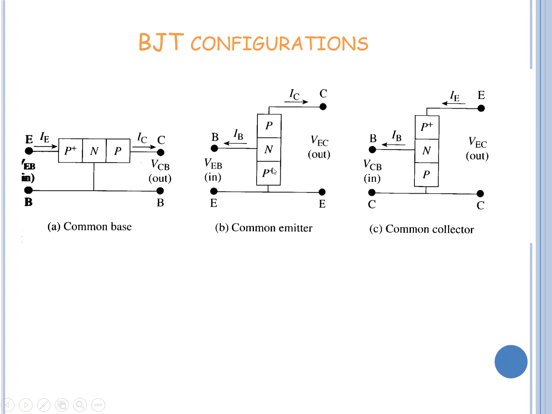In the common emitter, input is given at the emitter base junction and output is collected at the emitter collector junction. Whereas in the common collector, input is given at the collector base junction and output is taken at the emitter collector junction. So these are the 3 configurations: common base, common emitter and common collector.